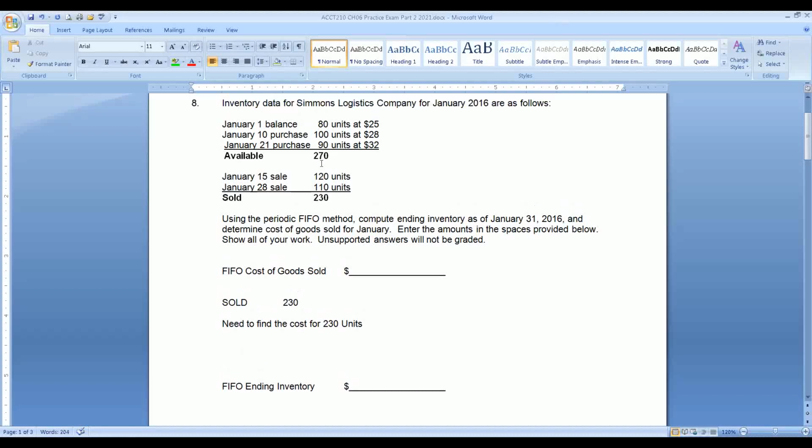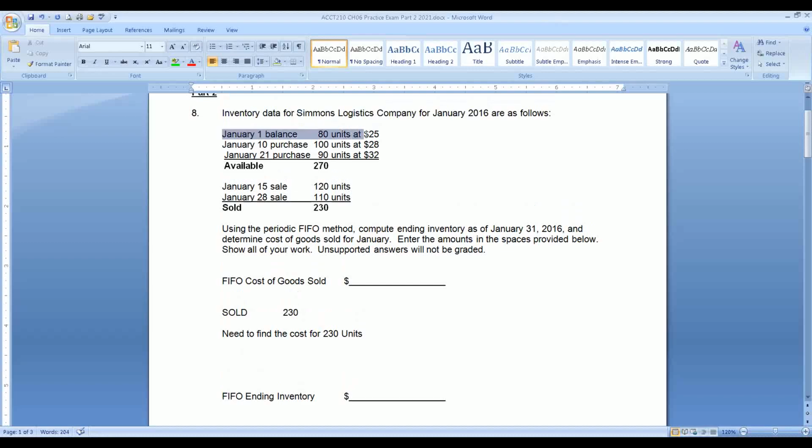And this is first in, first out. So first ones in are first sold. So first we'll go to the 80. Take 80 of those.